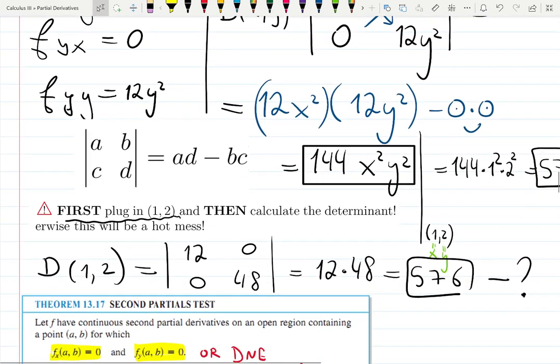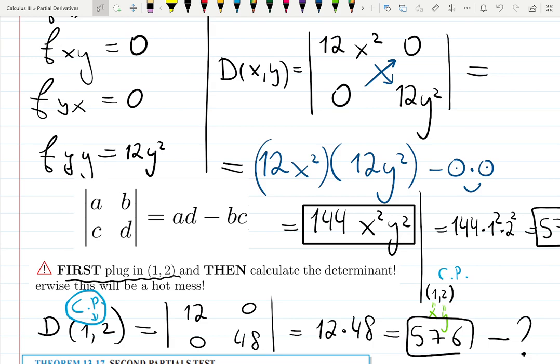I like that she mentioned this. This is a critical point. We used the critical point. We found it. It was never given. And this is the critical point. Thank you. It's a good point that you said that. Critical point. Or else it doesn't make sense. We found it. We're building second derivatives, putting them in the determinant, finding that number, but where? At the critical point.